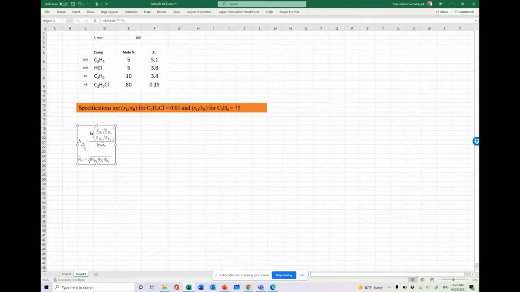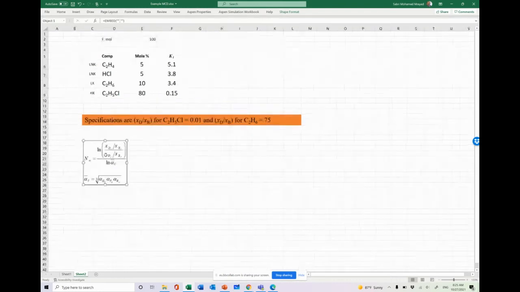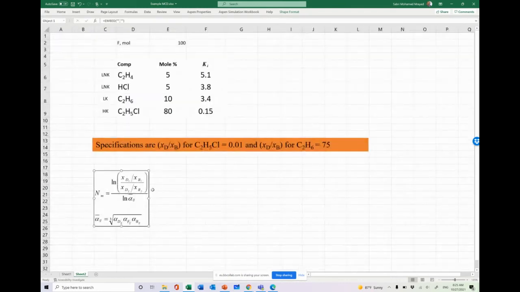Now, the N minimum, as you can see here, requires this one, xd over xb. Let me tell you one little thing here. If you look at this one, I have xd over xb of the light component, and here xd over xb of the heavy component.